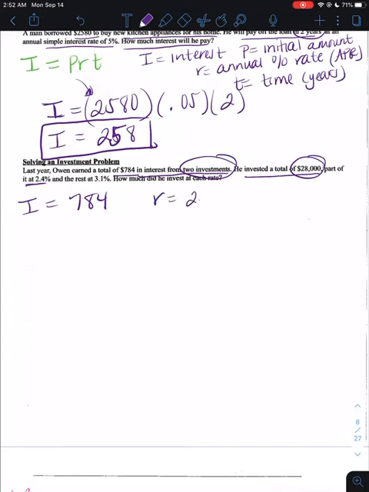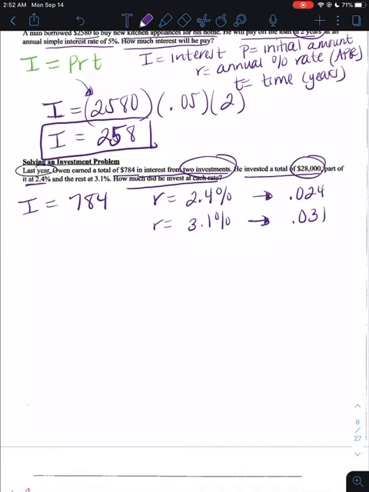So R would be 2.4%, which, if I move the decimal 2 places to the left, is 0.024. And the other account has an interest rate of 3.1%, which is equivalent to 0.031. How much did he invest at each rate?